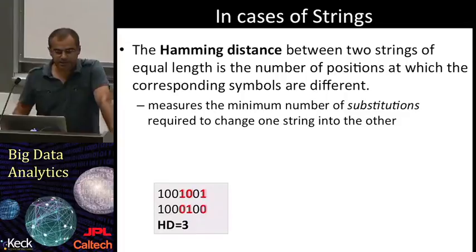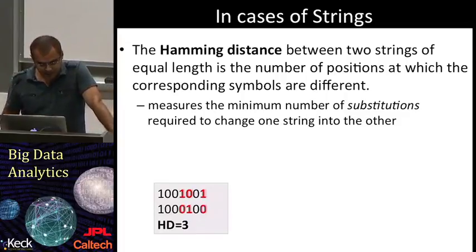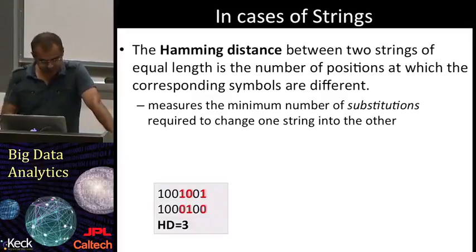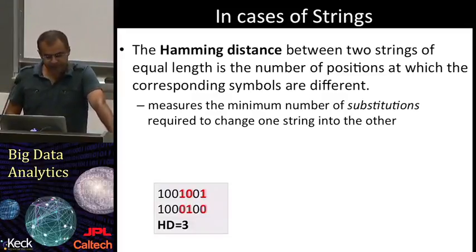The Hamming distance between two strings of equal length can be defined as the number of positions in which the corresponding symbols are different, and this is most used for binary strings. In this example, the two binary strings have a Hamming distance of 3 because they differ in just 3 positions.